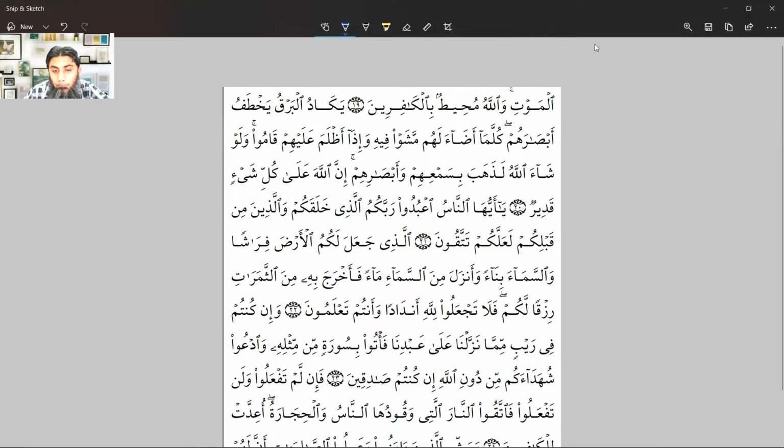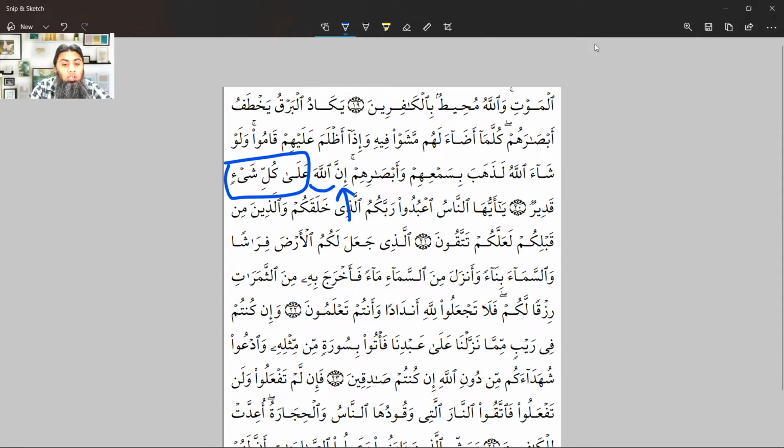So then inna Allaha. So this is inna and its family. Inna Allaha is the ism of inna. Excellent. Ala kulli shay'in. So ala is jar and kulli shay'in is mudaf ilayh. Excellent. Ala is the jar, kulli shay'in is mudaf ilayh, but kulli shay'in together will go in the bucket of majroor.